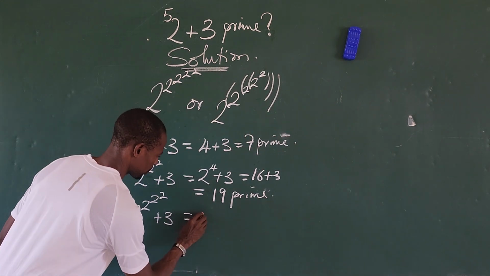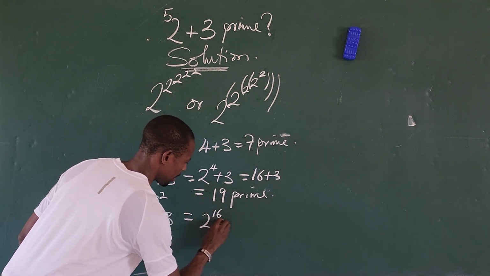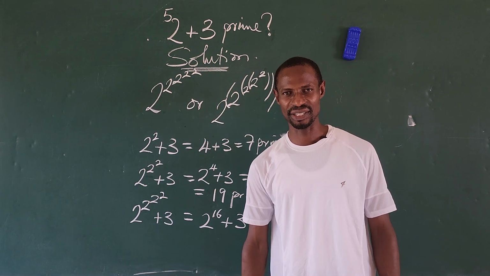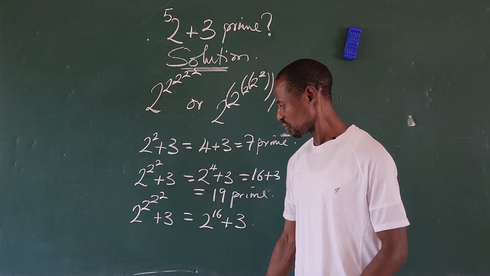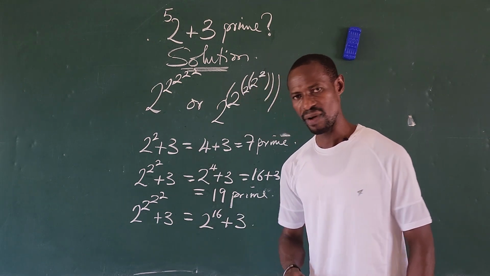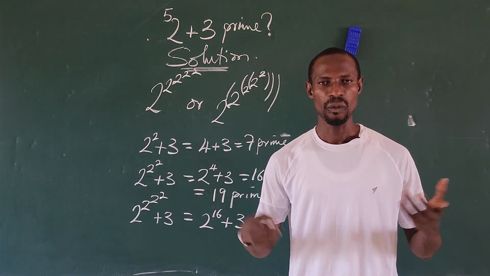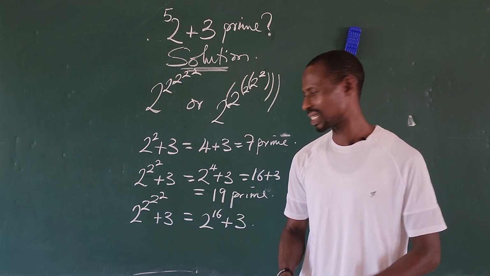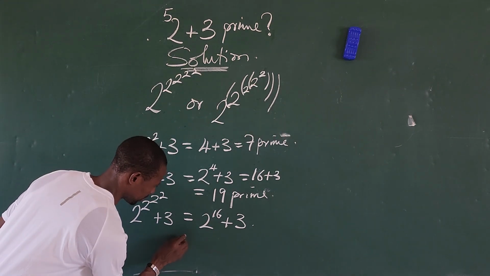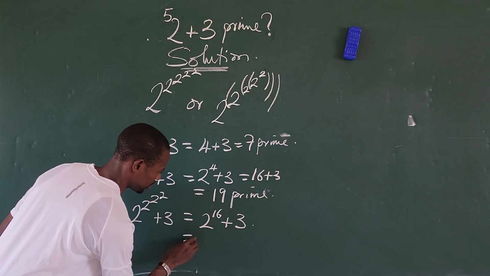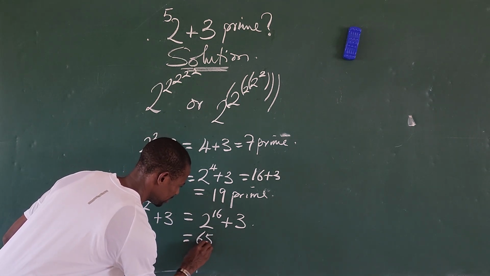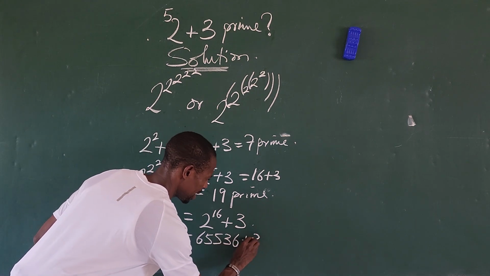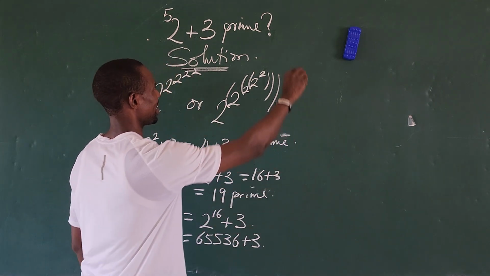But this is going to give us a huge number. And so 2 to the power of 16, when inputting to your calculator, will give us 65536, plus our 3. All right, let's continue here.